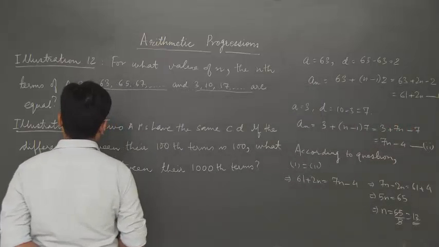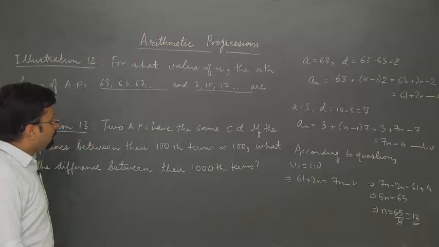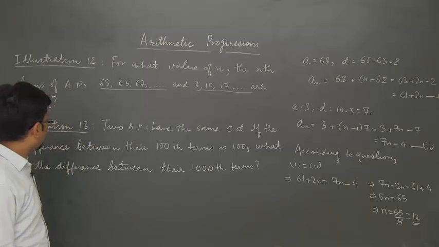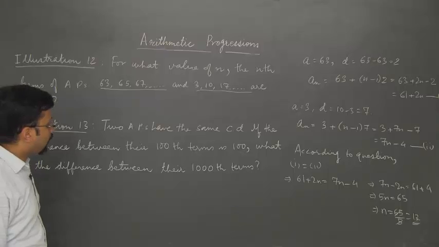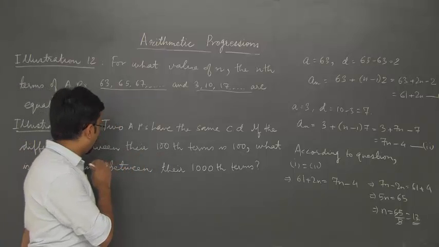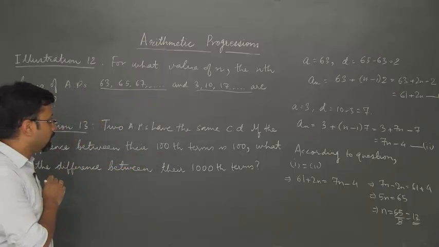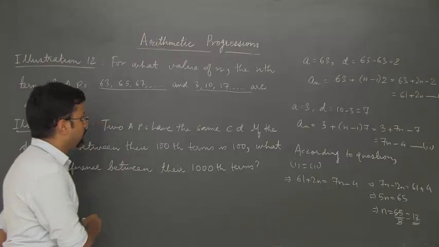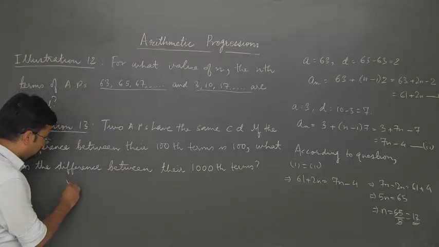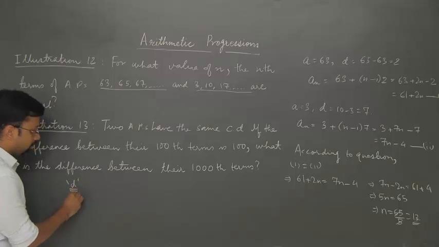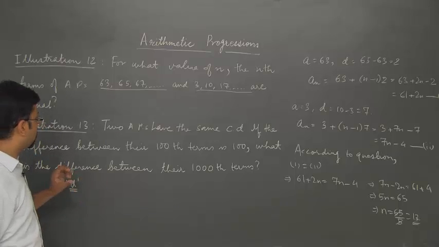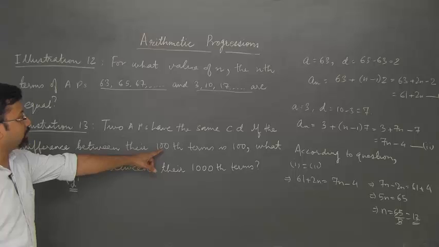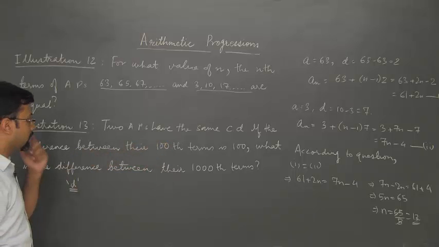Now the next illustration is about two APs that have the same common difference. If the difference between their 100th terms is 100, what will be the difference between their 1000th terms? So here the common difference is D. It is said that the difference of their 100th terms is 100.